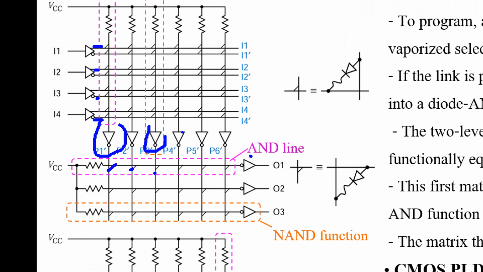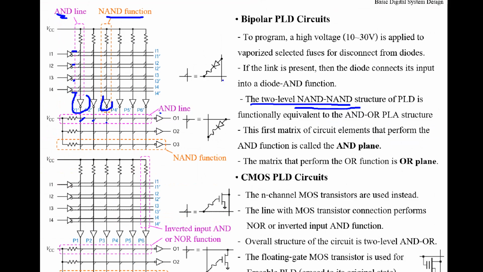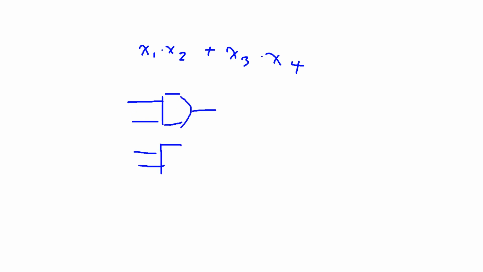That means now you can implement the function by using two-level NAND. We design based on a two-level NAND structure. Namely, for example, if your function is x1 and x2 plus x3 and x4, you can draw the circuit diagram something like this, AND gates and then OR all together.